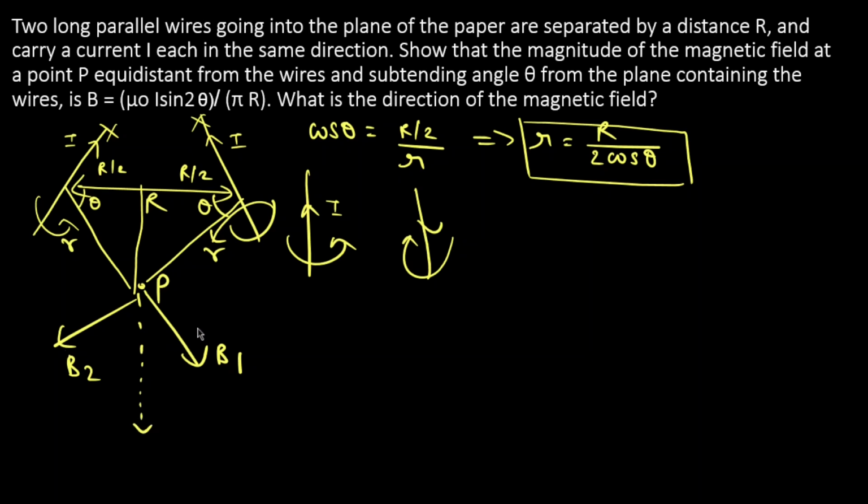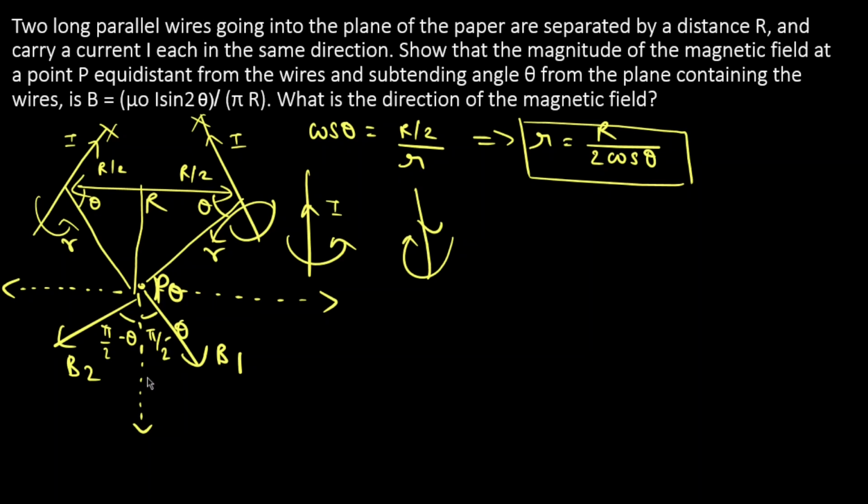So let's resolve the components of B1 and B2. Let's take this as the vertical component. If this is theta, this will also be theta, and if this whole thing is 90 degrees, then if this is theta, this will be 90 minus theta. This is also making the same angle, so this will also be 90 minus theta.